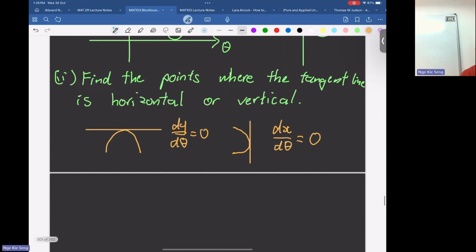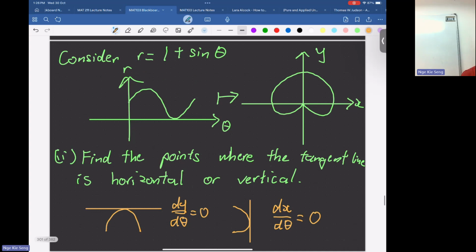Right. So, you see, you are given r here, you're given x, y here. So what to do? You have to ask yourself a question: how to go from xy to r theta again?